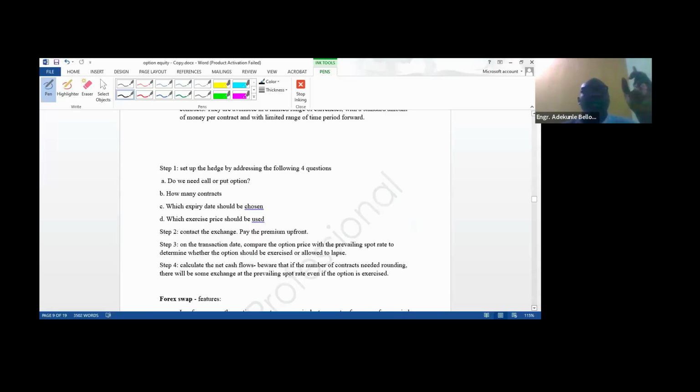Step 1, set up your hedging by addressing the following questions. 1, do we need call or put option? 2, how many contracts do we require? 3, which exercise dates to use? And next, which exercise price to use?